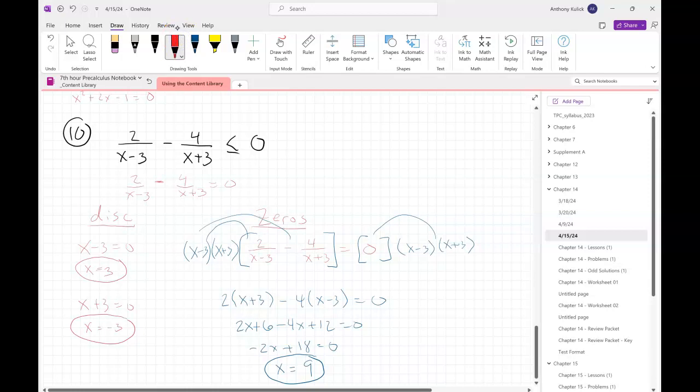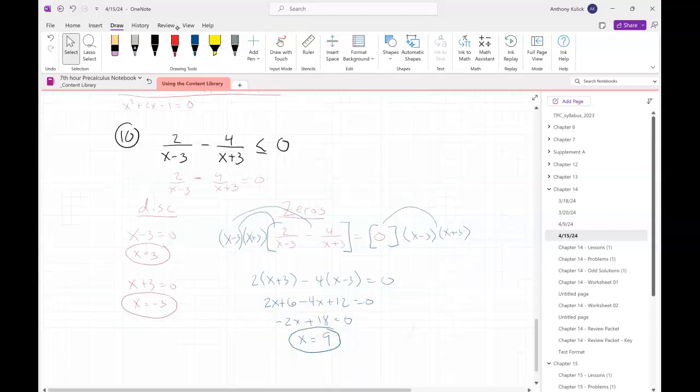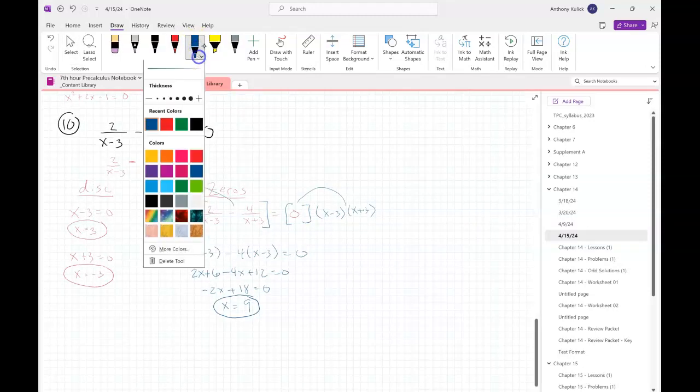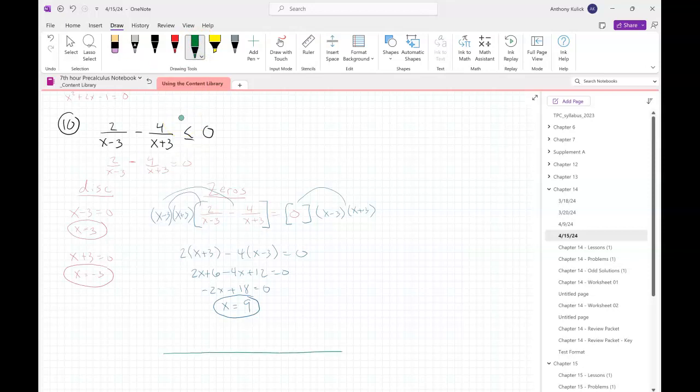Is everybody okay with how I did the finish solving that? I'm not done though. Now that I've found my discontinuities and my zeros, I need to draw a sign diagram. So I start with my smallest value, next smallest value, biggest value.